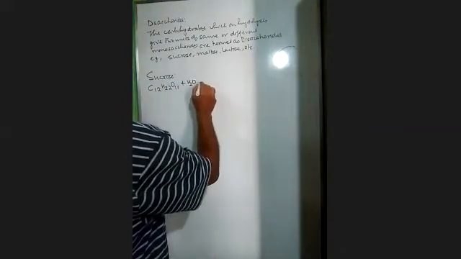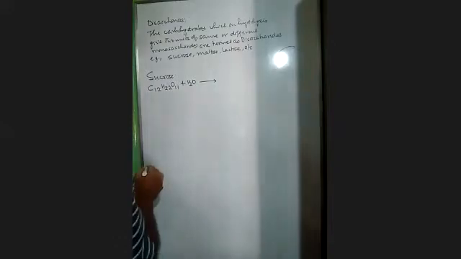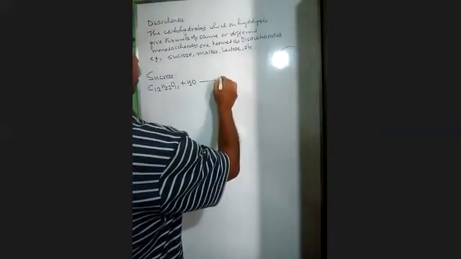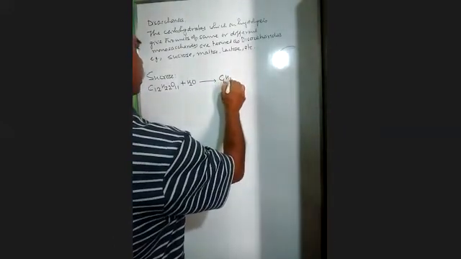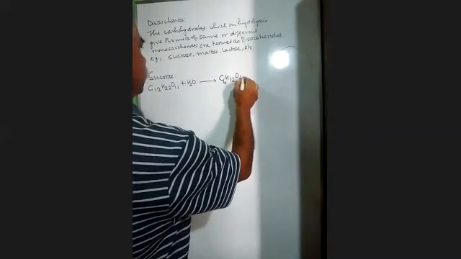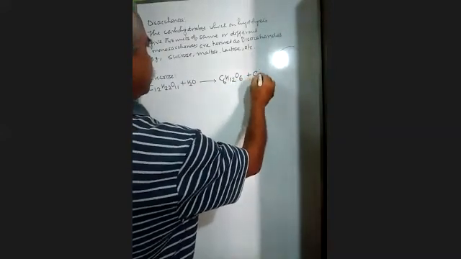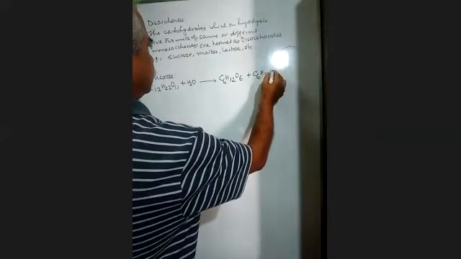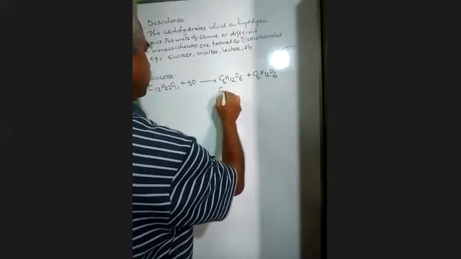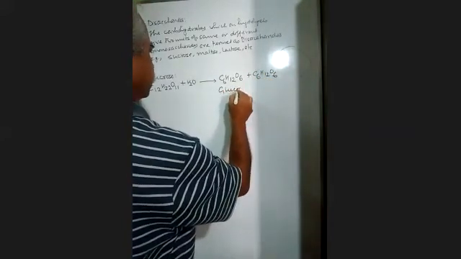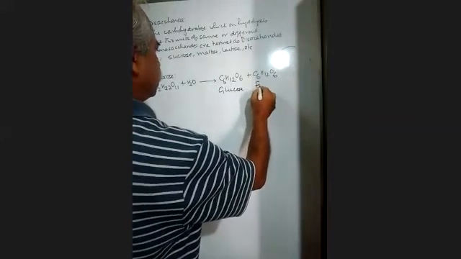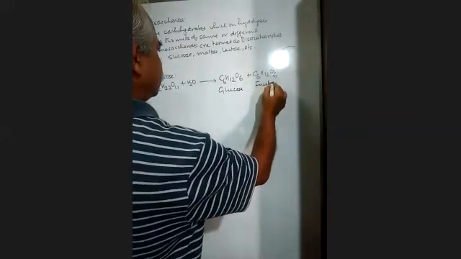So if I hydrolyze this one, I will get here C6H12O6 and C6H12O6. This is glucose and this is fructose.